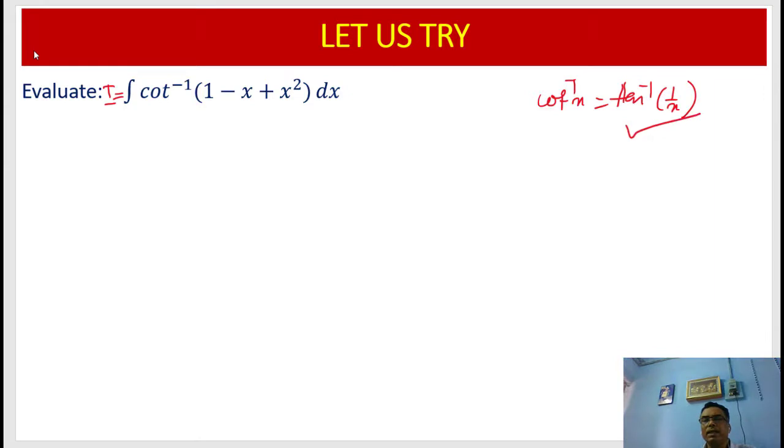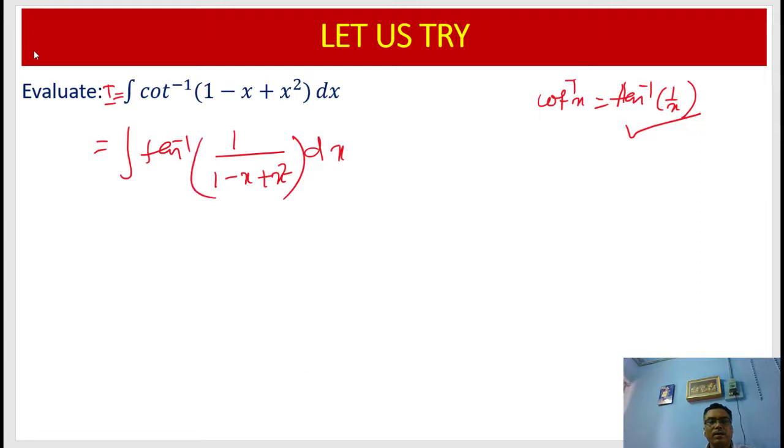This formula is in your hand, so we will use that. Integration of tan inverse 1 by 1 minus x plus x square dx. Got the idea? Okay, mark the idea. Now this is integration of tan inverse. Okay, let us adjust the denominator.